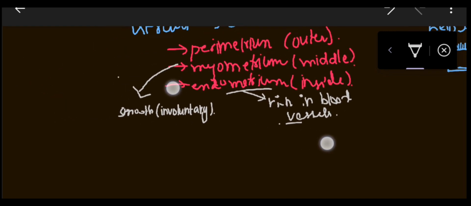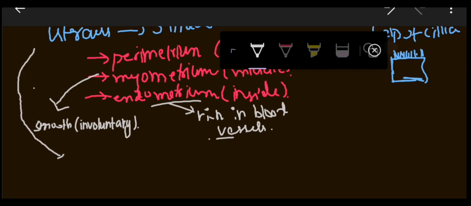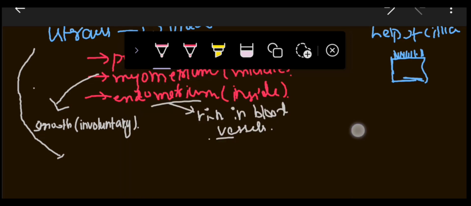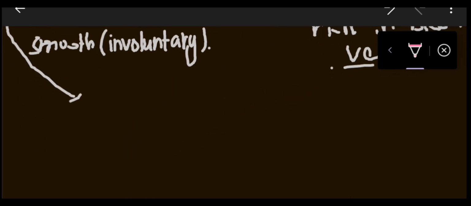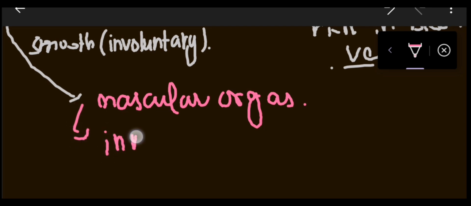Fine. Now this uterus is basically a muscular organ. Sometimes this question can be asked: the shape of the uterus looks like an inverted pear. Inverted pear form.